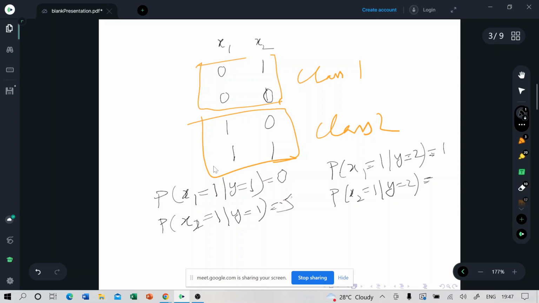So if the distribution is Gaussian, will the same condition happen? In the case of Gaussian, theoretically it won't happen, because a Gaussian distribution does not assign zero probability to any real number.